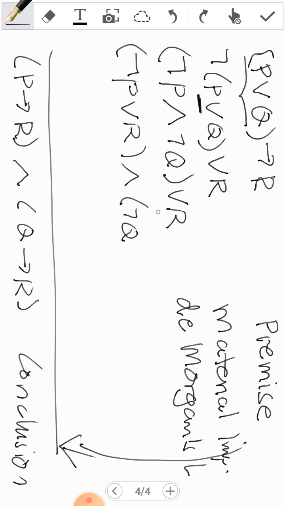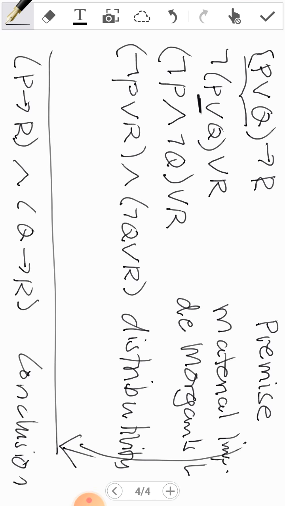That should be not Q or R. Distributive property. Okay? So we're almost there. Look at this. You have a conjunction, you have P or R, Q or R. So almost there. But in our final conclusion, this is an implication, but we have here an or.